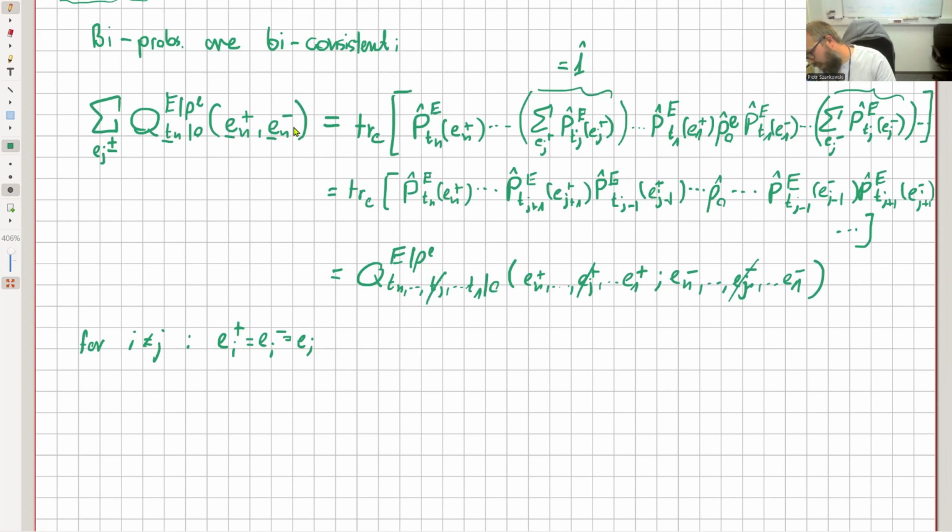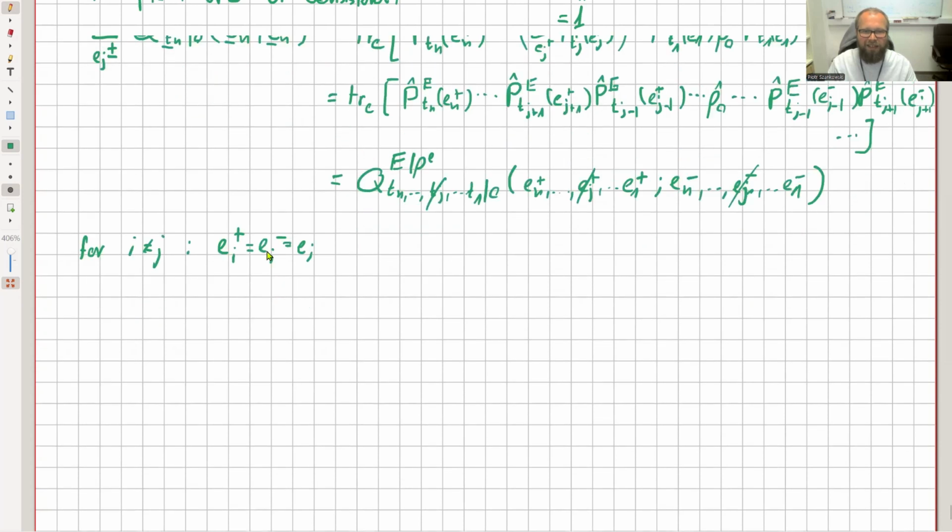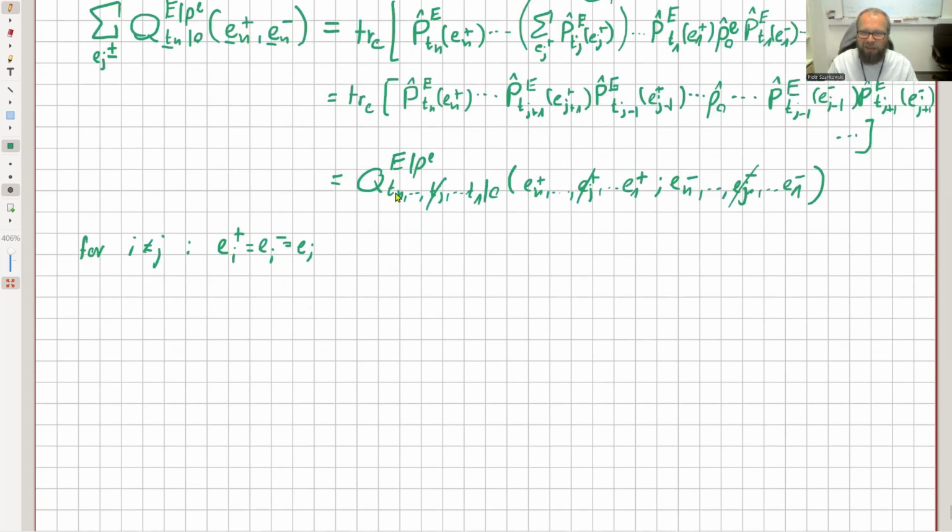Why do you want to do that? Yeah, okay. And let's take that. So I will start from the right side. If I take them to be equal, the shortened biprobability on the right side just turns into the diagonal part.